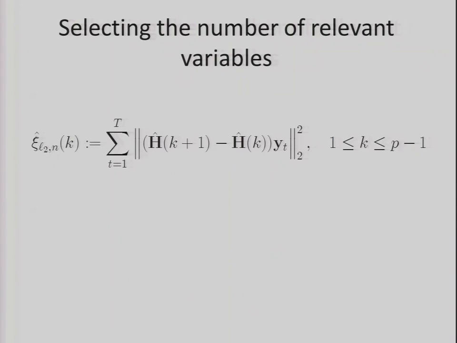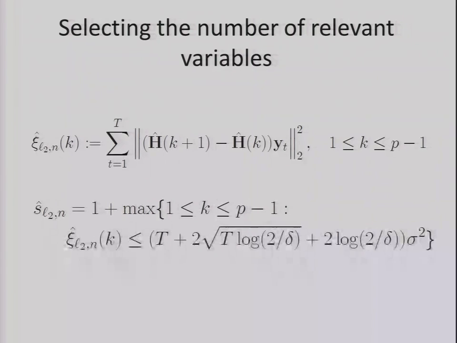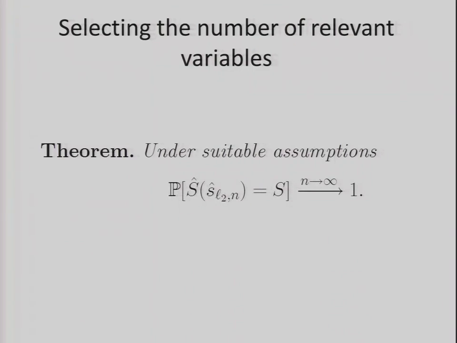And as before, we can select the number of relevant variables in a data-dependent way. We modify the statistic and we modify the threshold, but the idea is the same. At some point, adding more variables does not help much in predicting y. And we can consistently recover the set of relevant variables.